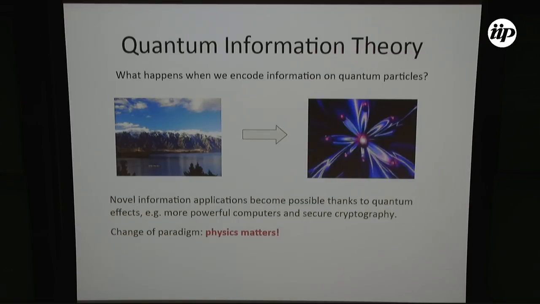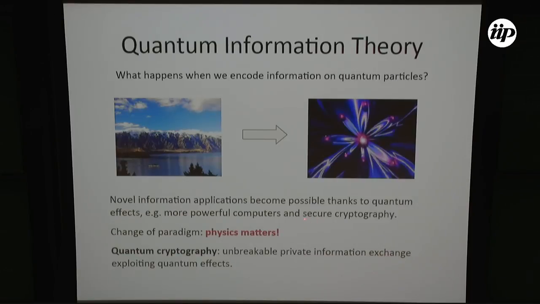Here is the first message I want to give. For sure, quantum information theory has implied a change of paradigm in the way we should understand information. You cannot understand information independently of physics.